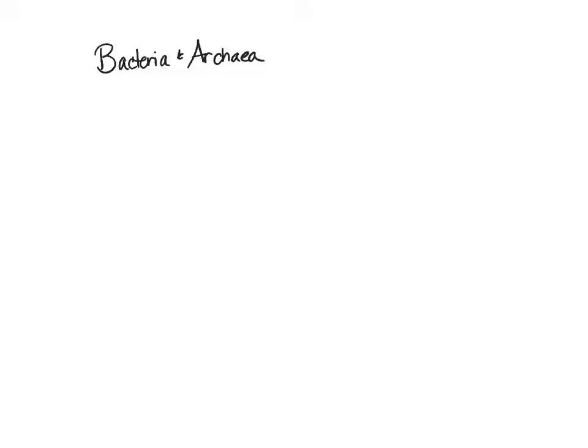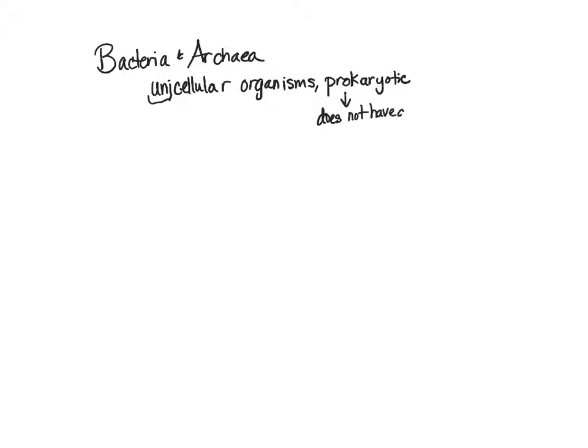Bacteria and archaea are both unicellular organisms. Uni meaning one, so single-celled organisms. They both are prokaryotic. Prokaryotic is a type of cell that does not have a nucleus, which means it doesn't have a nucleus that houses its DNA.